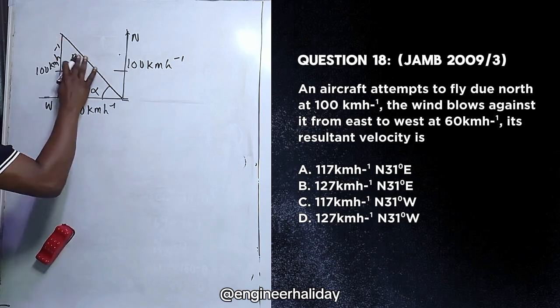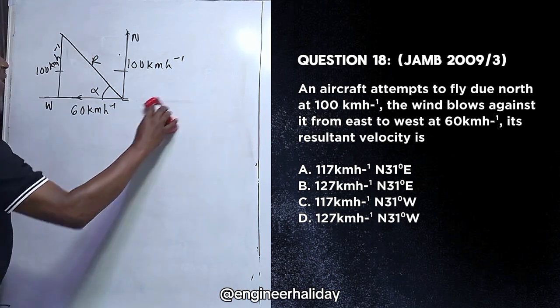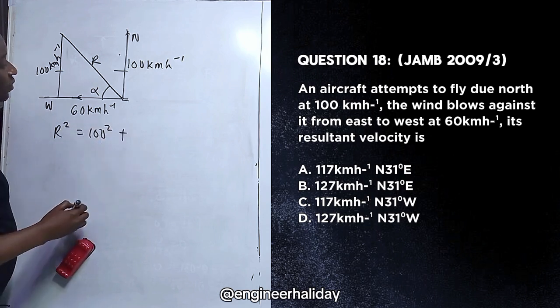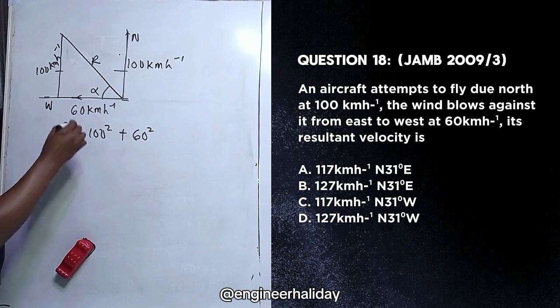So how do we find this resultant? R squared equals 100 squared plus 60 squared, because by Pythagoras theorem the angle is 90 degrees.